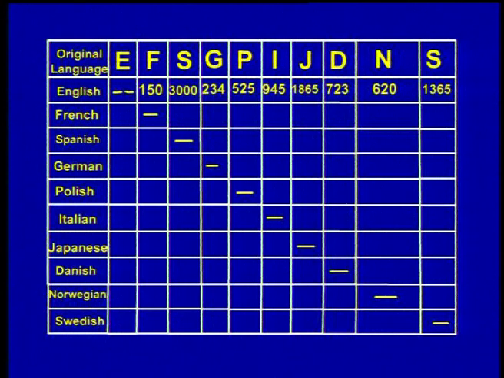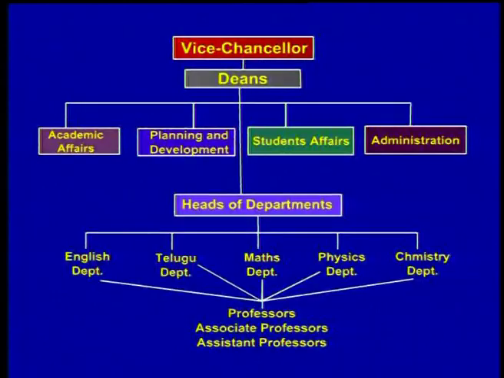So, you can get at a glance a picture of the number of translations of a particular book into different languages. As I said earlier, we get relative data in a quick and easy manner from such a table.